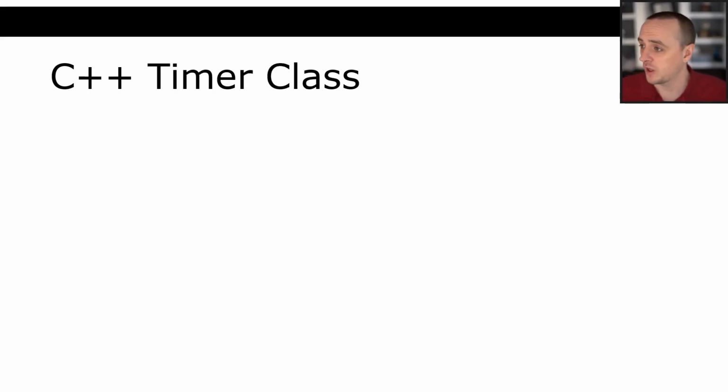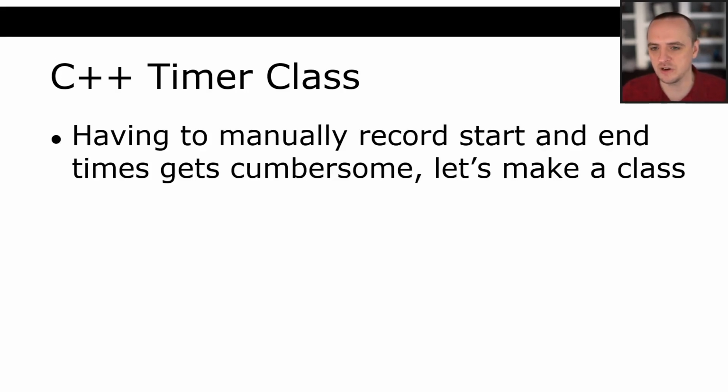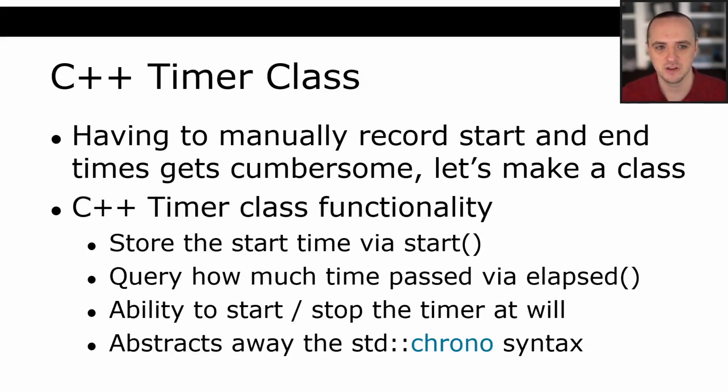So we're going to write a C++ timer class, because having to record manually the start and end times and doing all that math gets really, really cumbersome. And so we're going to be good object-oriented programming people, and we're going to make a little class for that. Our functionality in this C++ timer class is going to store the start time whenever we call the start function.